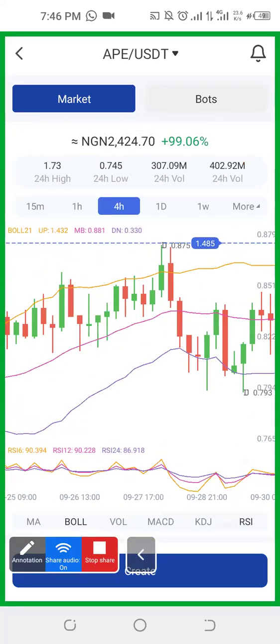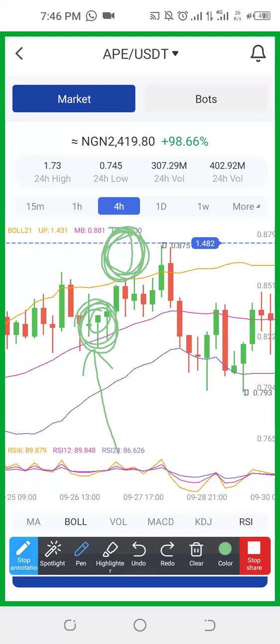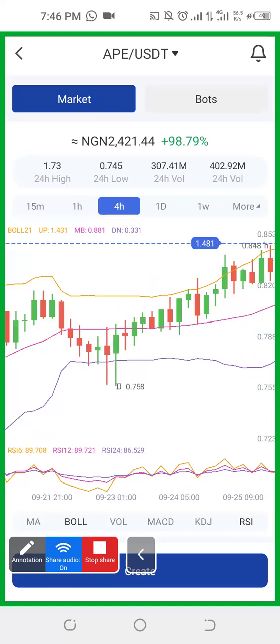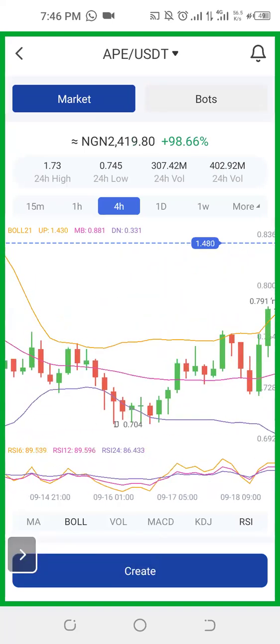This is a real hammer. This one I pointed at is a real hammer. When you see this kind of hammer at the end of a downtrend, it signifies that the market will move up. So I need to really see that pattern very well.